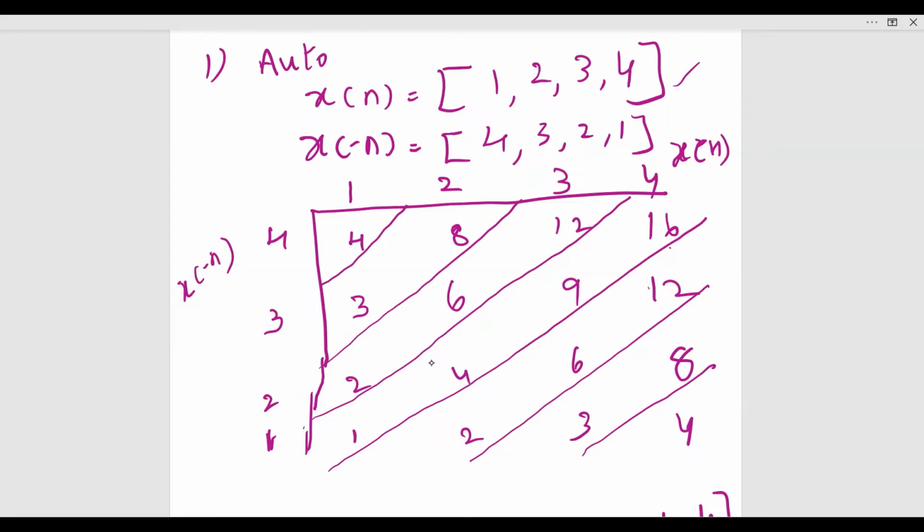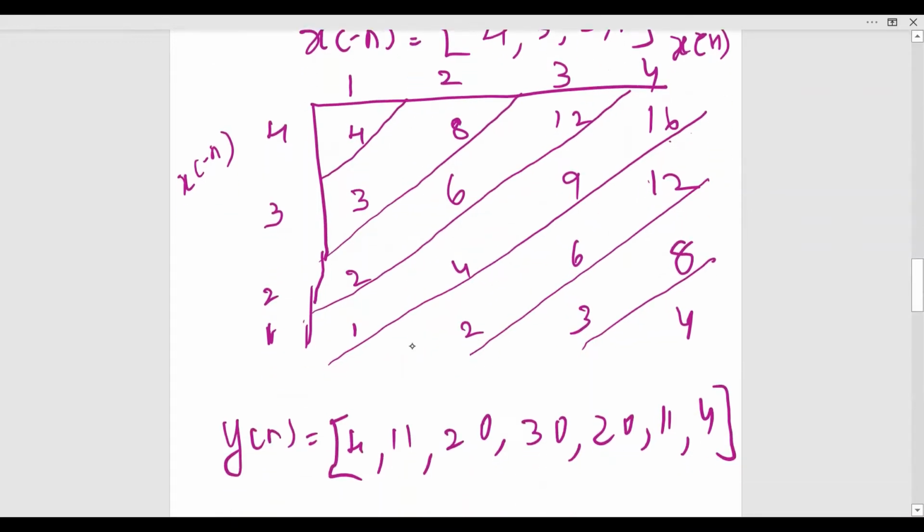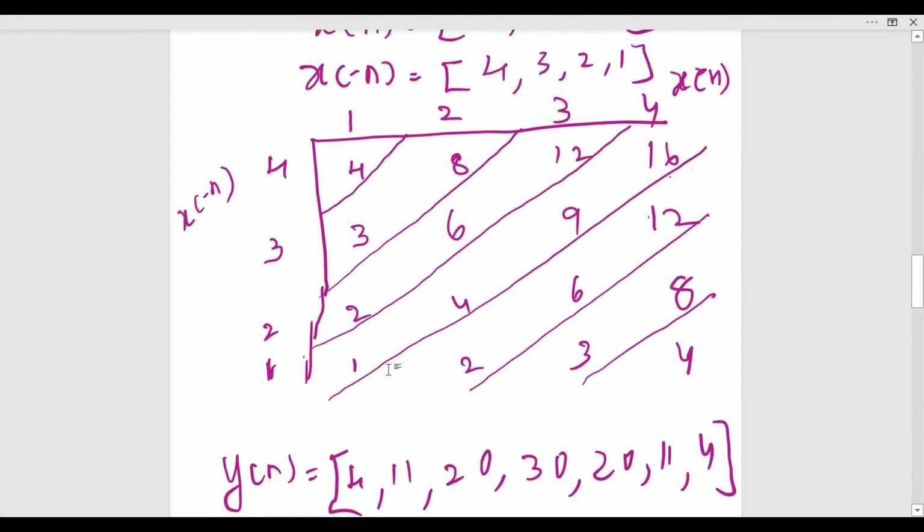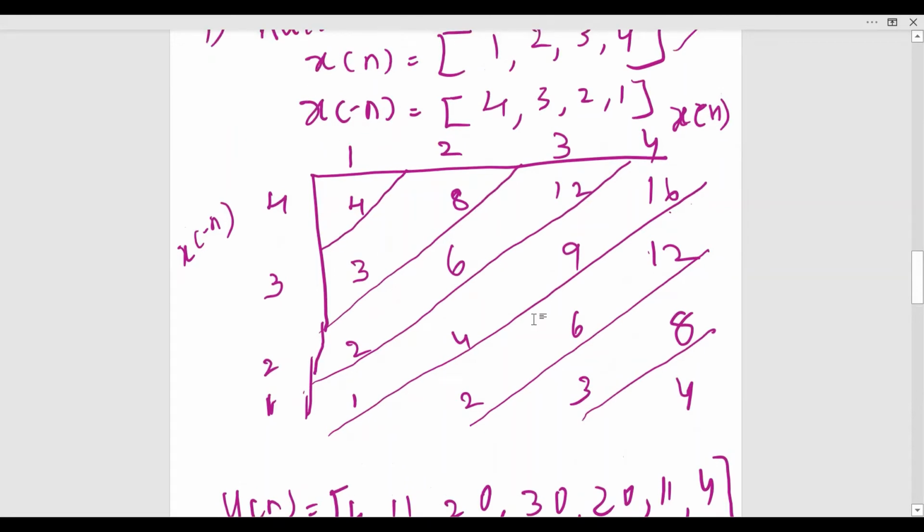After that, multiply each element of x of minus n with all the elements of x of n and write down the products. Once the table is completed, perform the addition of the elements diagonally to get the output, that is y of n. So this is what we call autocorrelation. It's a signal with itself.